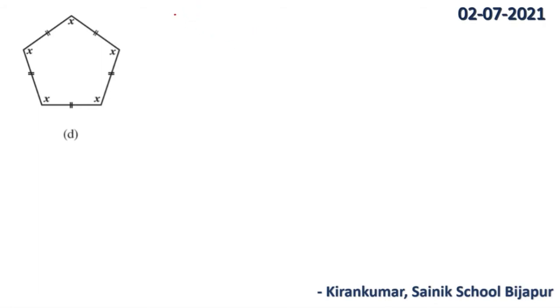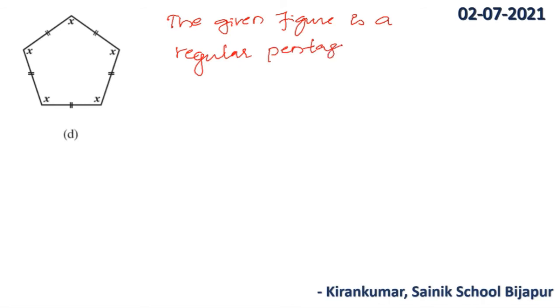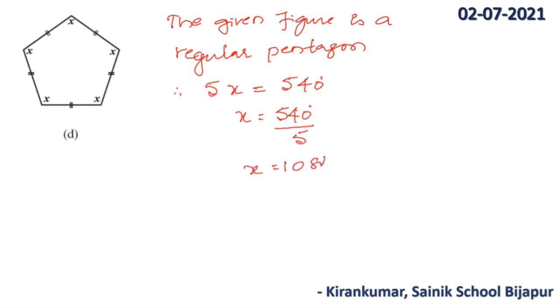The given figure is a regular pentagon. Therefore, 5 times x will be equal to 540 degrees. So x will be 540 degrees divided by 5. So x is 108 degrees.